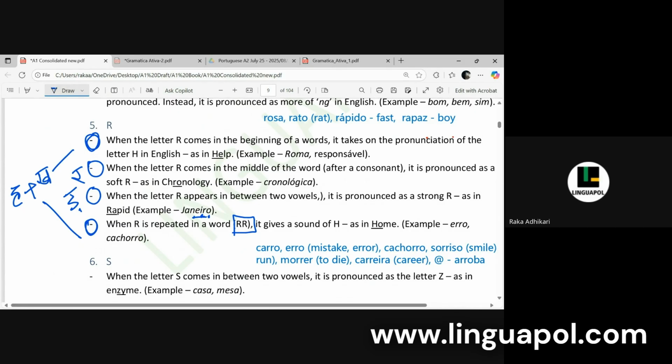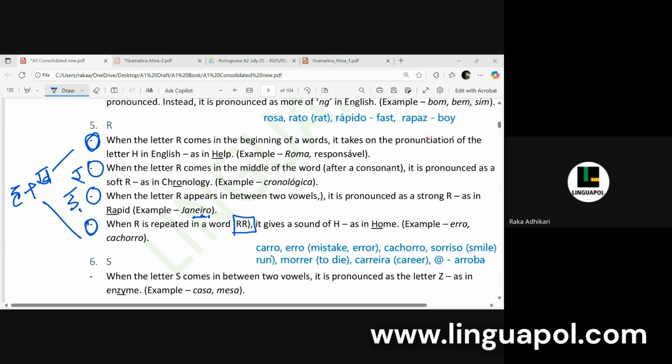That's it. If you can remember this like this, then you can remember the rules of the letter R. So first we read that if the letter R comes in the beginning itself, then it is ha. And similarly, if there is a double R anywhere, then it's again ha. Second rule says that if the letter R is coming after a consonant, then it is a soft R. But if it is coming between two vowels, then it is a stronger R, like Janeiro.